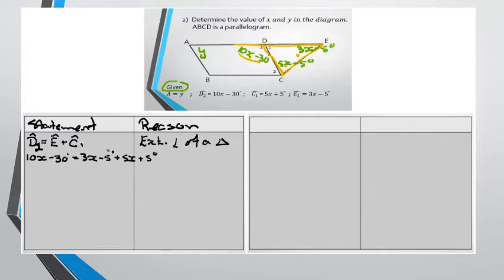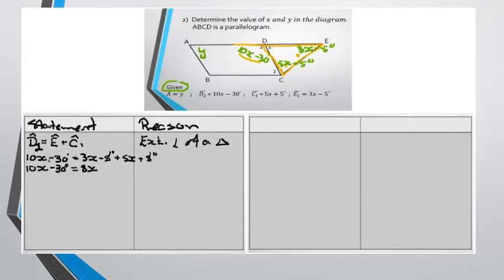Let's see what we're going to have now. On the left hand side, still I'm going to have 10x minus 30 degrees. I'm going to add like terms on the right hand side. 3 plus 5 is going to give me 8x. And then I see that the 5 and the 5 are going to cancel each other.